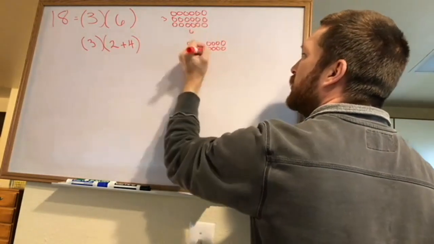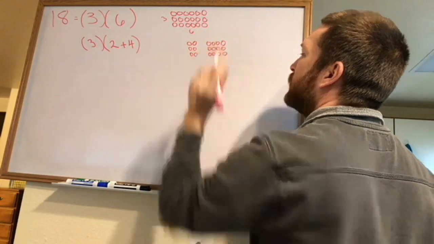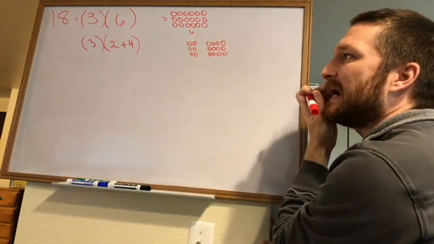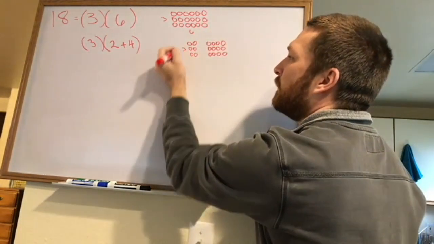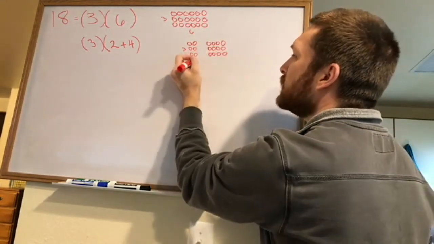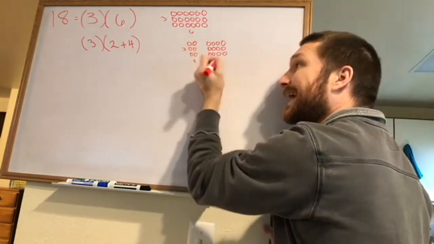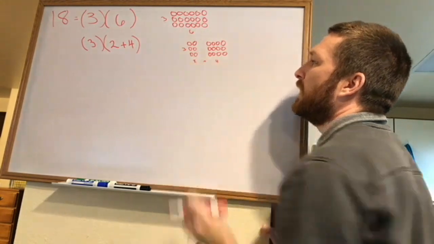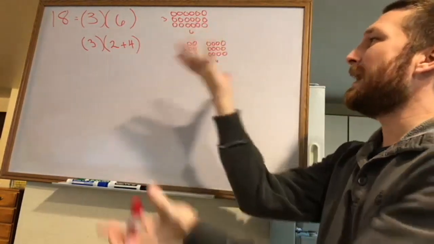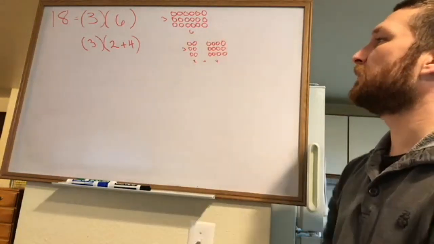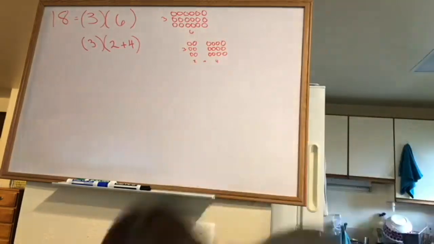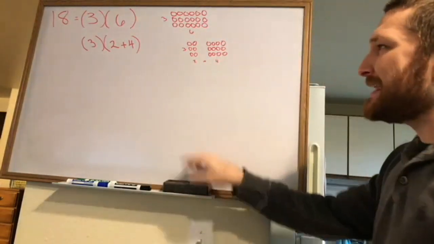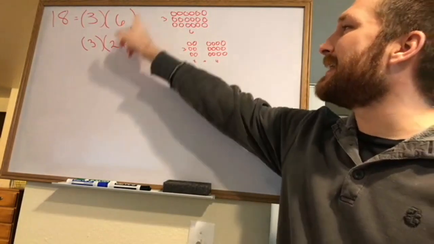So you should have this type of thing right here. We would have the 2's replicated 3 times, and the 4's replicated 3 times. And we have then the number 3 times 2 plus 3 times 4. We have 3 times 2 things, and we're adding that to 3 times 4 things. And so basically, yes, this has to be that right there.